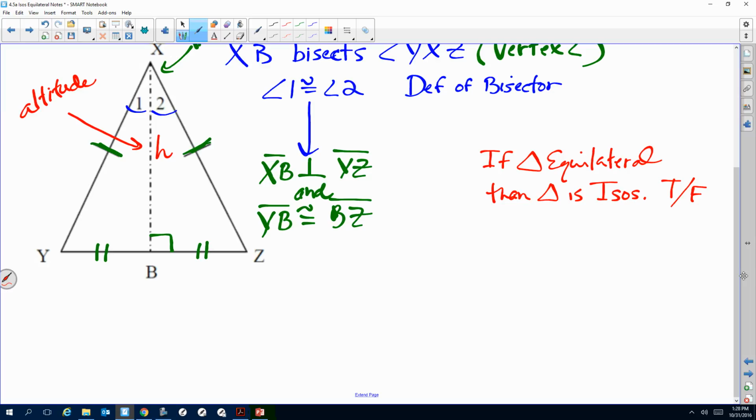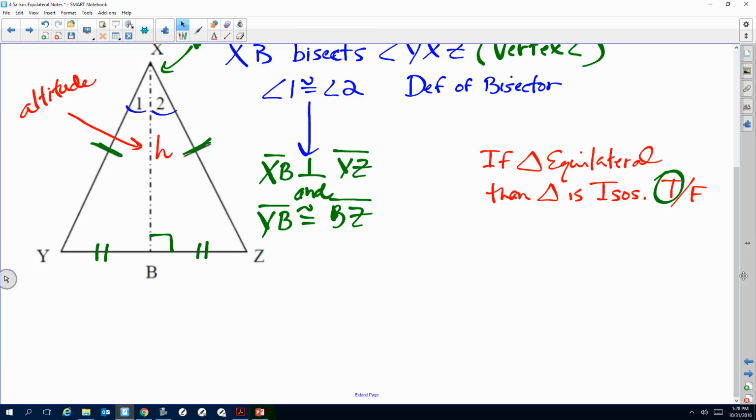Okay, counterexample. Okay, equilateral triangle. You're right, here we go. That's 3 equal sides. And what does an isosceles triangle have? Do we have at least 2 here? So, this is true. Equilateral is isosceles.